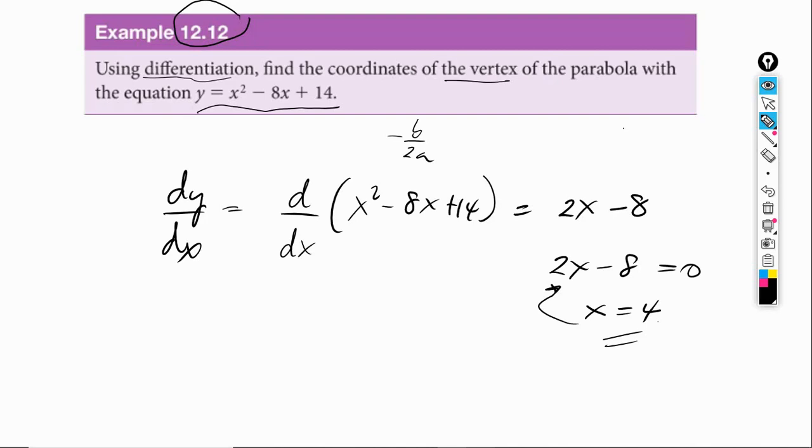So you have to be careful with that. So basically, we really need to find the y value when x is 4. If we do the math, that's going to give us -2. So that means that the vertex of the parabola is at coordinates (4, -2).